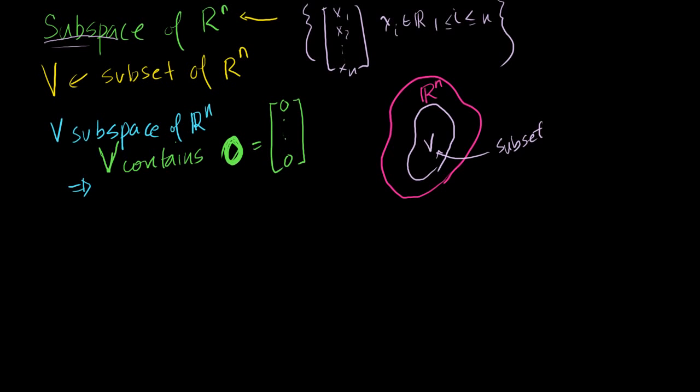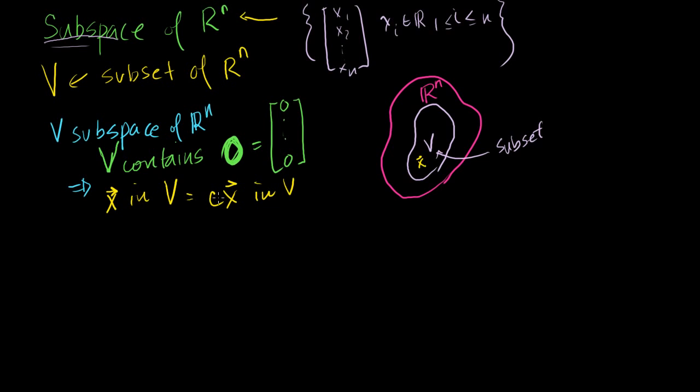Second, if my vector x is in V, if x is one of the vectors included in my V, then if V is a subspace of Rn, x times any scalar, any member of the reals, is also in V. This has to be the case.